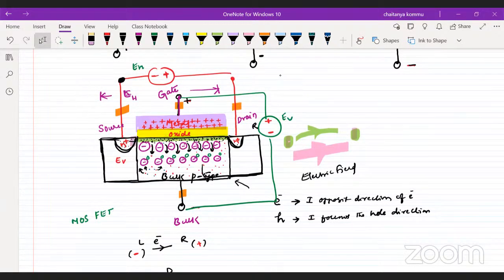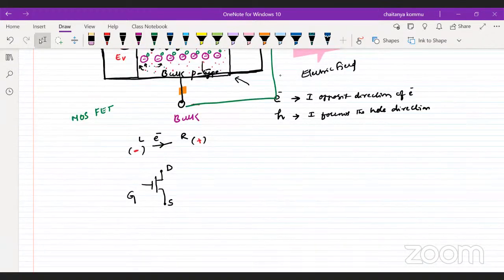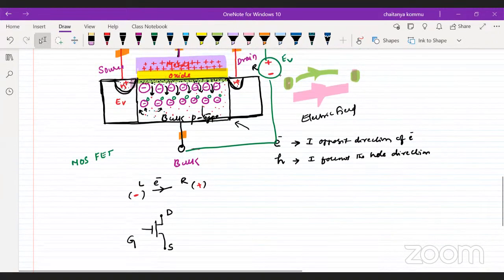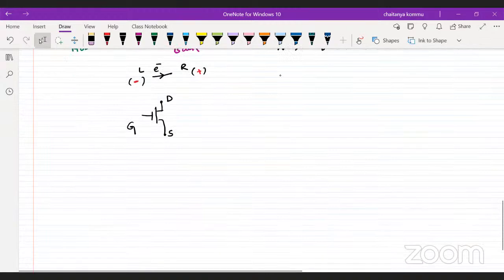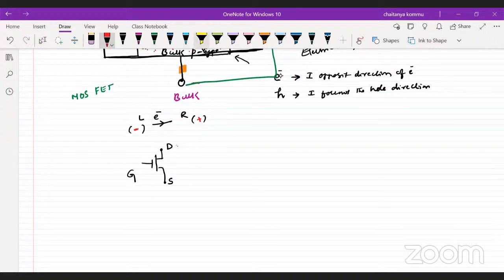Okay, so what we need to know, as we can observe very clearly: if source and drain are the same type of material, same width, same length, and everything is equal normally, then how do we distinguish whether it is a source or a drain?